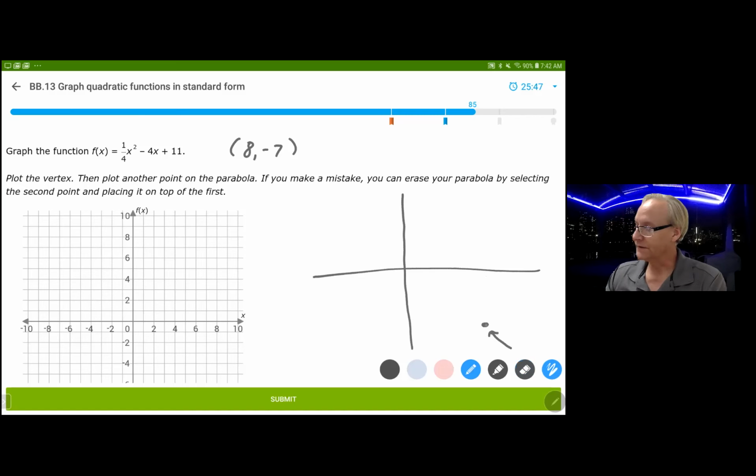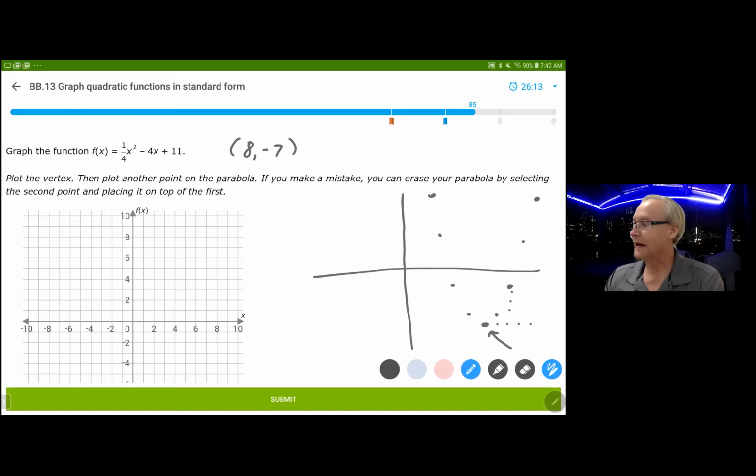Well, if this is my new origin, then 1 squared is 1, 2 squared is 4, 3 squared is 9, and 4 squared is 16. So from this point, and of course it's symmetric, isn't it?